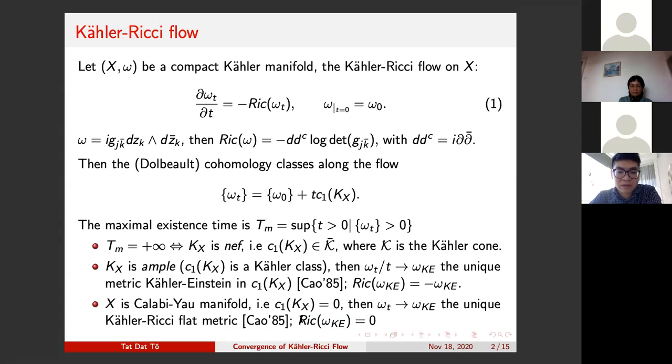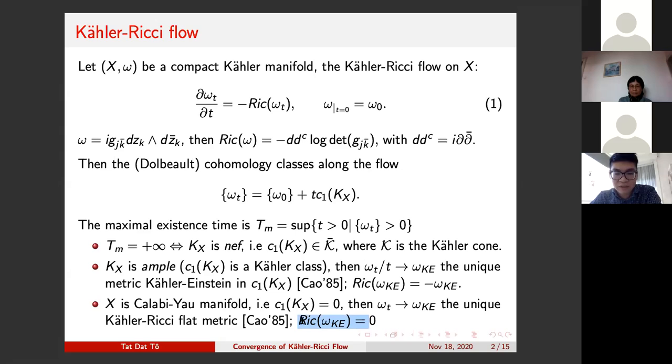Of course, this is the existence of the Kähler-Einstein metric in the case of Kx ample, already proved by Aubin and Yau in 1978, and the result of Yau in 78.